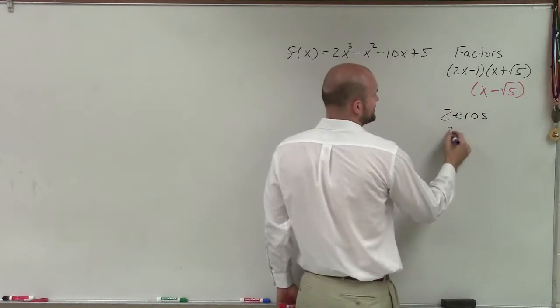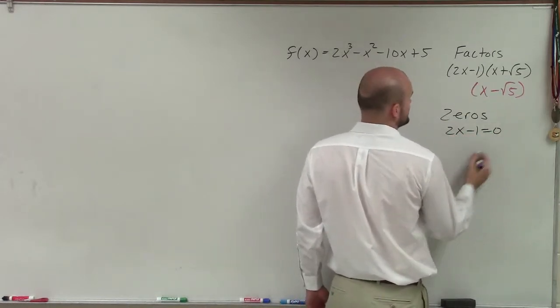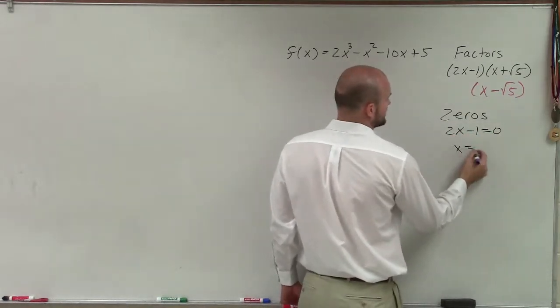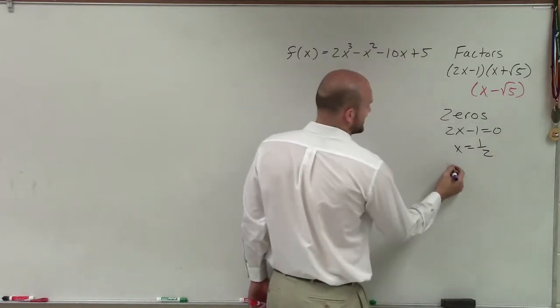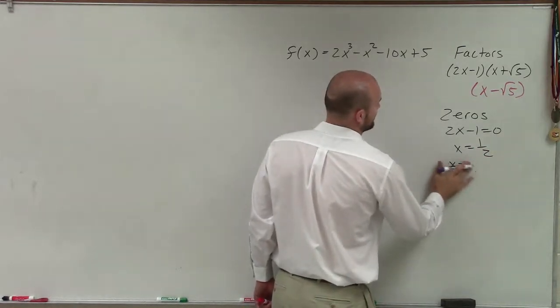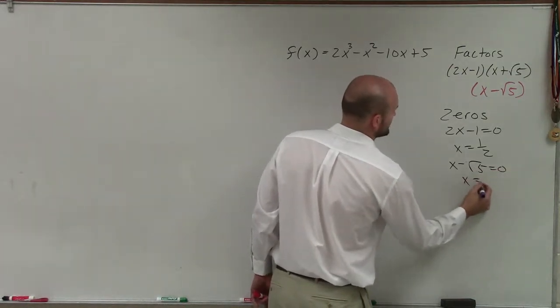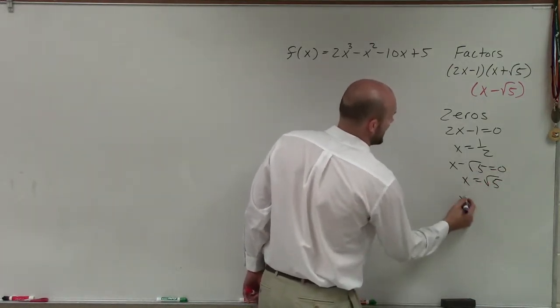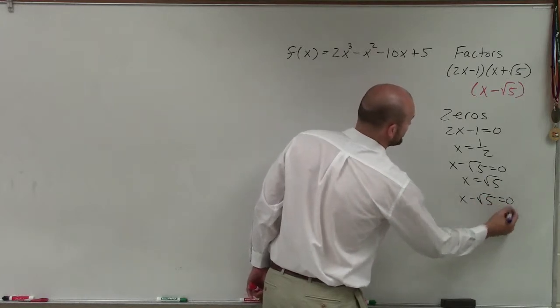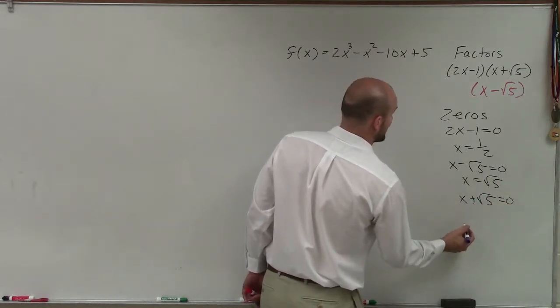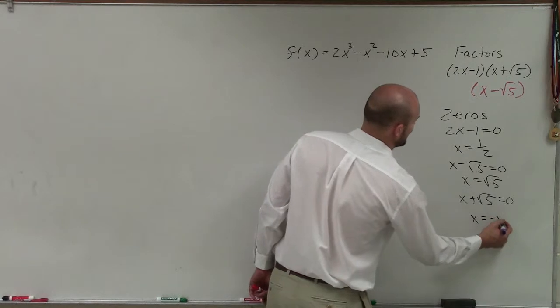Remember, you set each factor equal to 0, so 2x minus 1 equals 0, so therefore x equals 1/2, and then x minus the square root of 5 equals 0, so therefore x equals the square root of 5, and then x plus the square root of 5 equals 0, so therefore x equals the negative square root of 5.